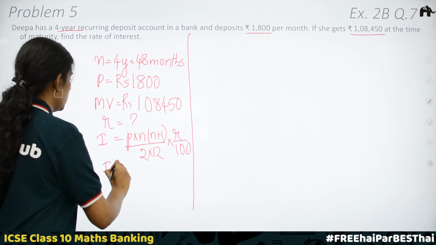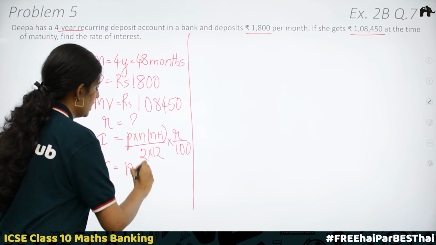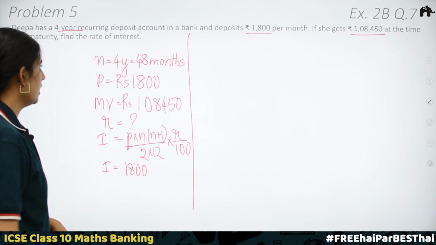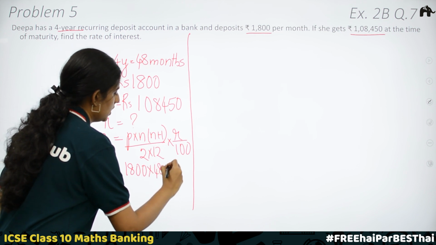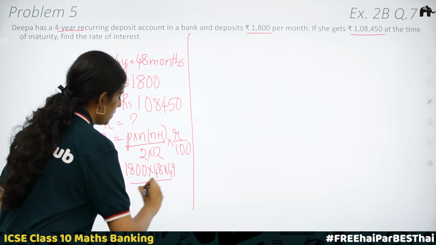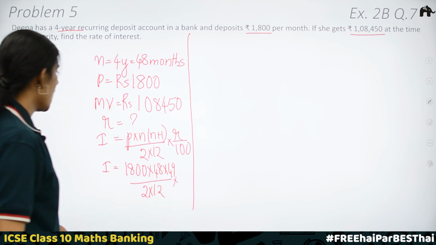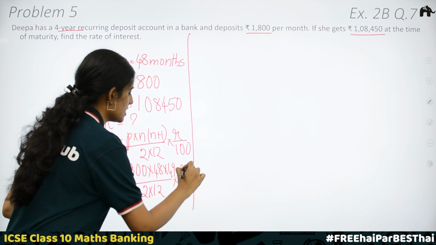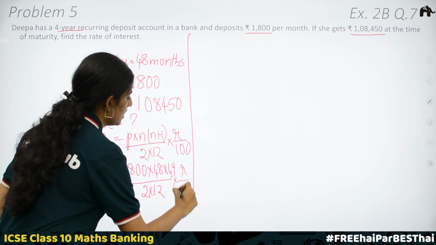I is equal to, we know the value of P, 1,800. N is 48. N plus 1 is 49. Divided by 2 into 12. R. We don't know what R is. R divided by 100.